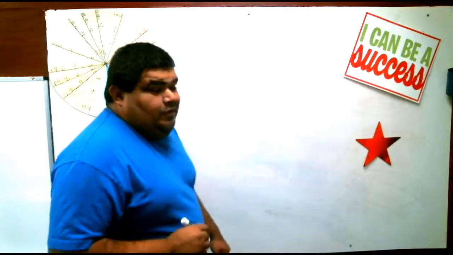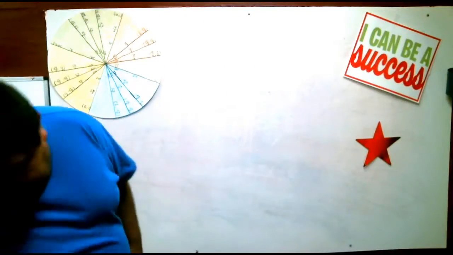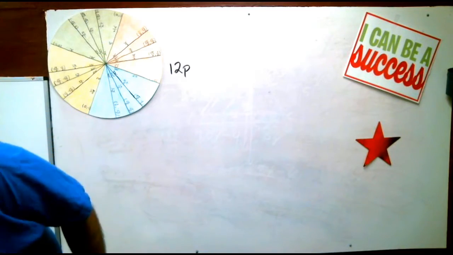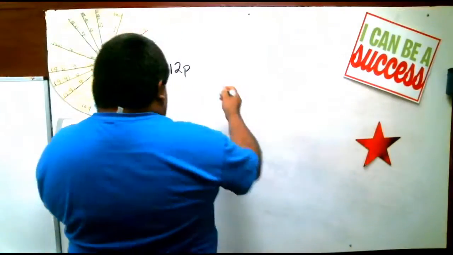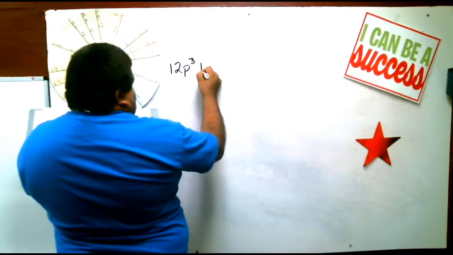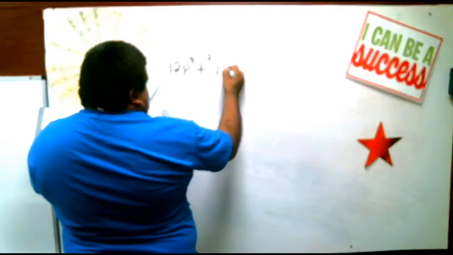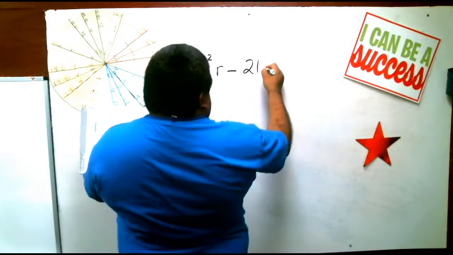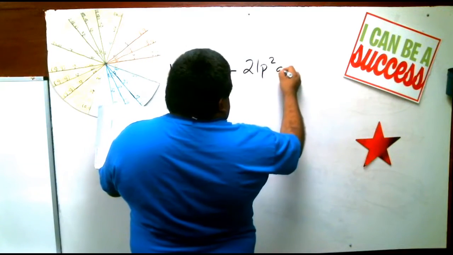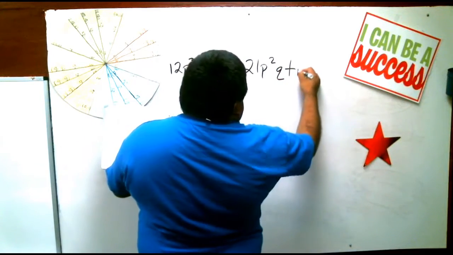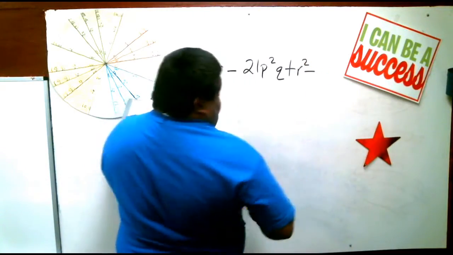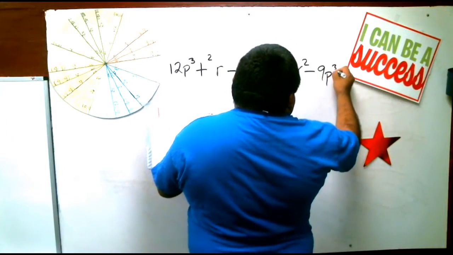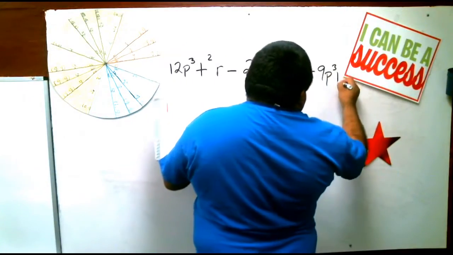All right. The example for today is 12p to the third, t to the second, r, minus 21p squared q t r squared, minus 9p to the third t r.